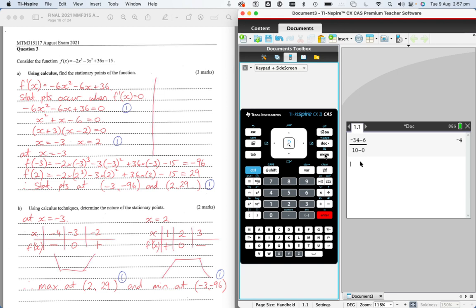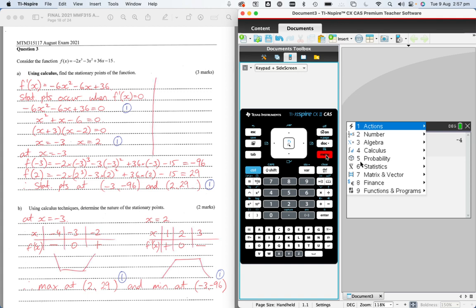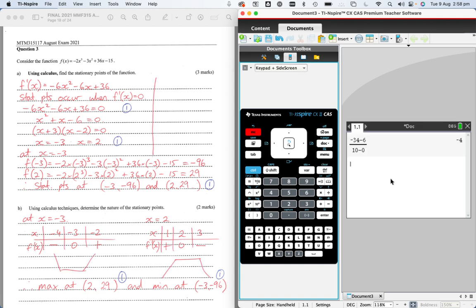But just for completion, I'll show you this way because it is kind of useful. First of all, I'm going to define the function as f1 of x, and then use my control less button here to get the defined thing. And I'm going to put in the function as it is.